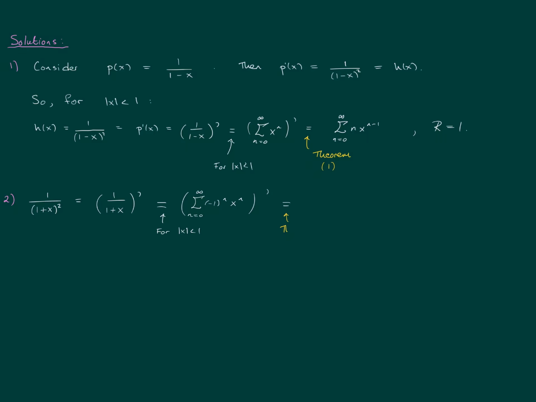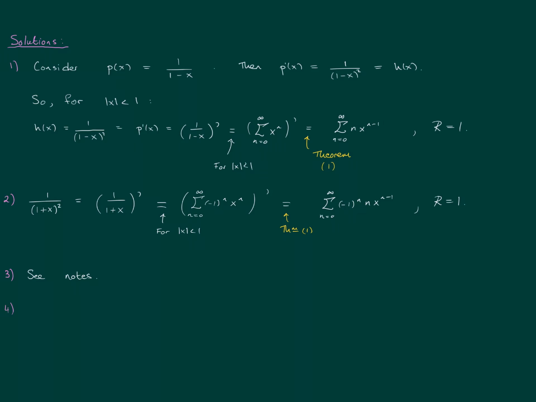We take its derivative term by term, using again the theorem, part 1. So (-1)^n times n x^(n-1). And again, R is equal to 1. Okay, the third example is worked out in your notes, so see notes for that.